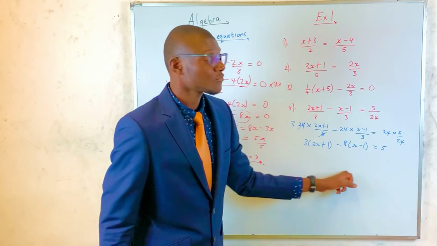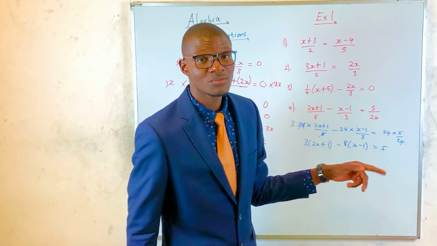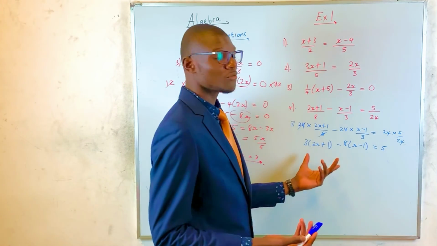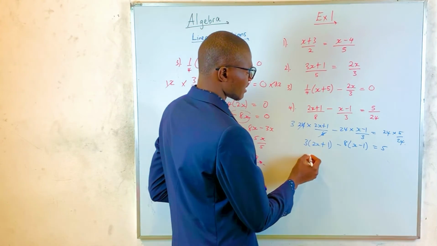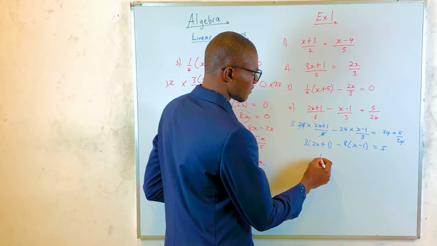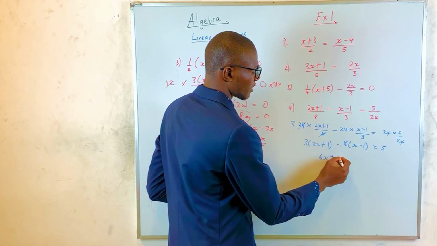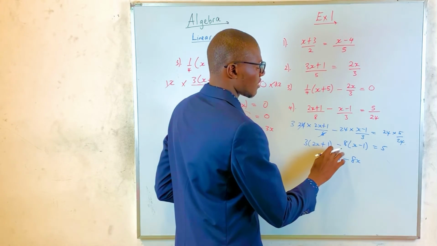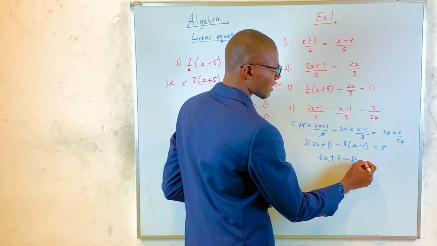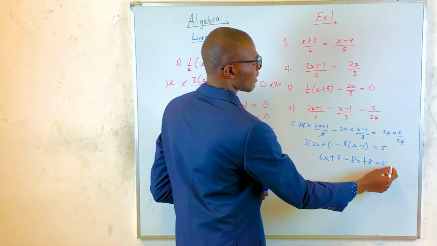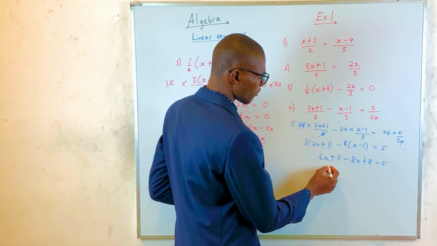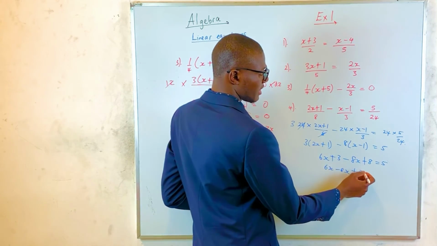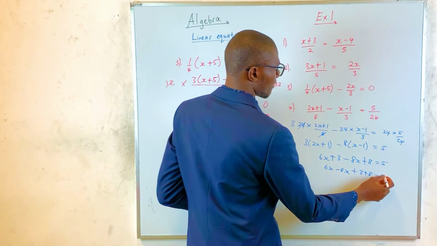So now we've gotten rid of the denominator, which means the next step is to remove the brackets. 3 times 2x we get 6x, 3 times 1 we get 3, minus 8 times x we get 8x, then minus 8 times minus 1 we get plus 8, and this should be equal to 5.